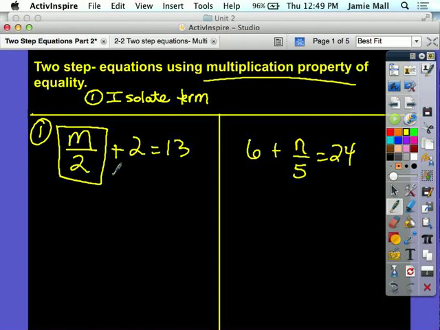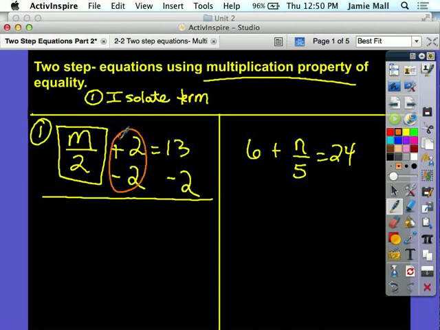So we're going to start by subtracting 2 from the left-hand side of the equation, subtracting 2 from the right-hand side of the equation. Remember that whatever we do to one side of the equation, we have to do to the other. And also remember that we always want to be looking for zero pairs, so we know that that cancels out.